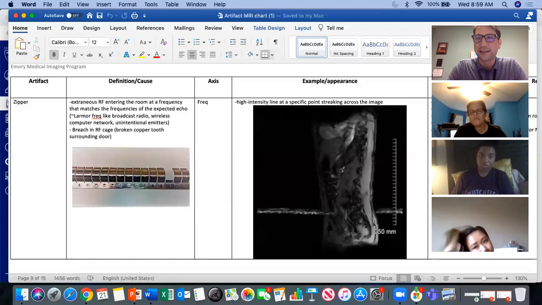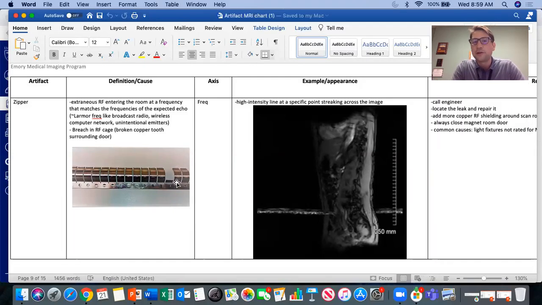It usually has a little suction to it. The reason is because we have these copper teeth surrounding the entire door that are preventing this extraneous RF from entering the room. So if you have a breach in the RF cage, like one of the copper teeth broken off, it can allow this extraneous RF to get in the room.